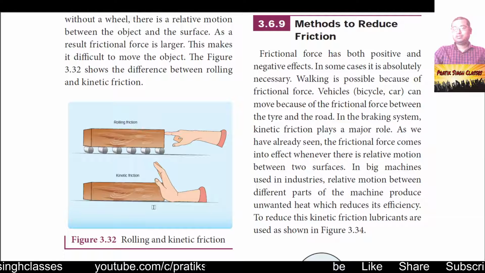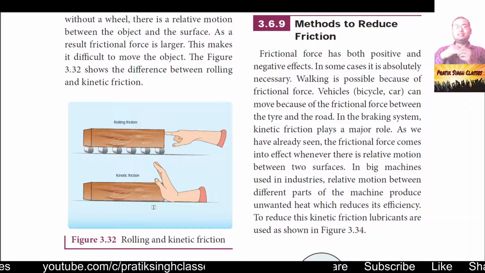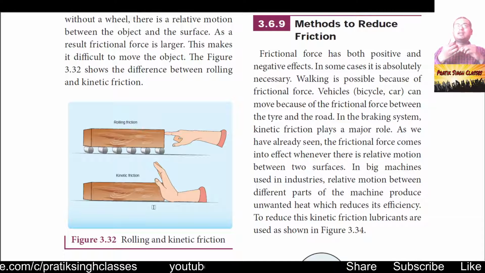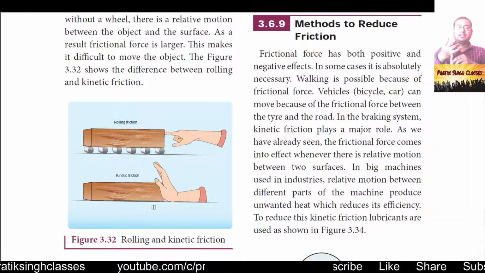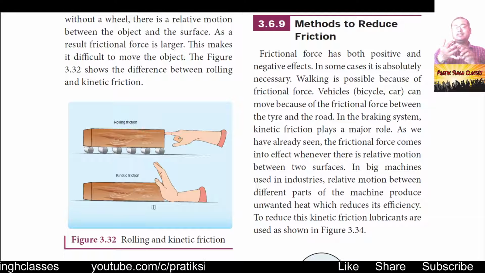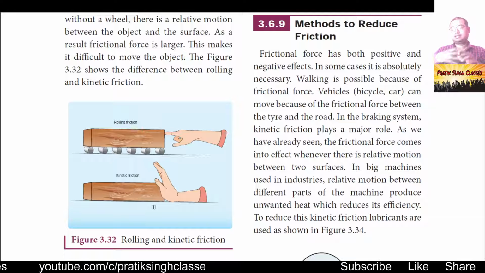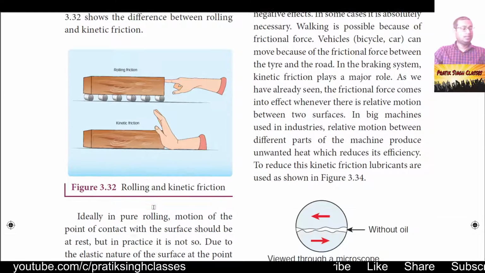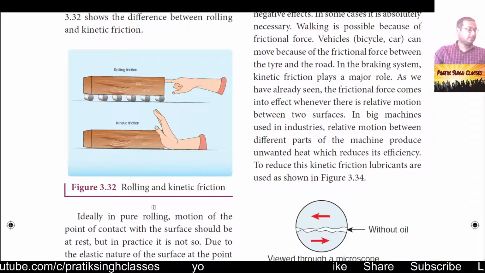So we have seen in the previous video and in today's video three types of friction: static friction, kinetic friction, and rolling friction. In magnitude, static friction is highest, then kinetic friction is lesser, and rolling friction is the least.